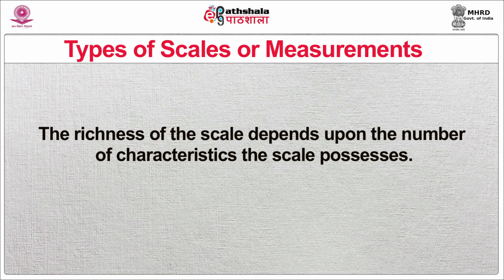These are nominal, ordinal, interval and ratio. The richness of the scale depends upon the number of characteristics the scale possesses. It is the objective of the measurement which determines the type of scale which should be used in research.